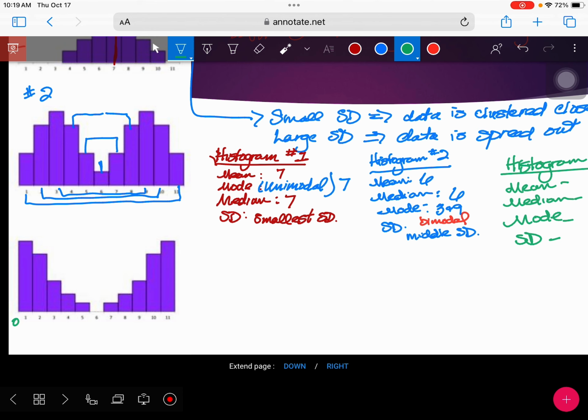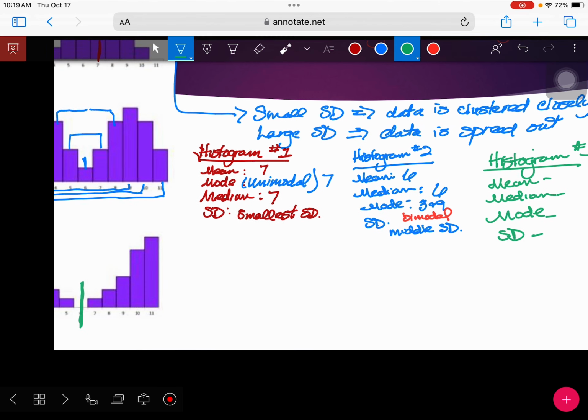What do you think? 6? How many say 6? How many say 5? Yeah, it is 6. Even though there is no one that scored a 6, 6 is directly in the middle. So that would be the median, okay?